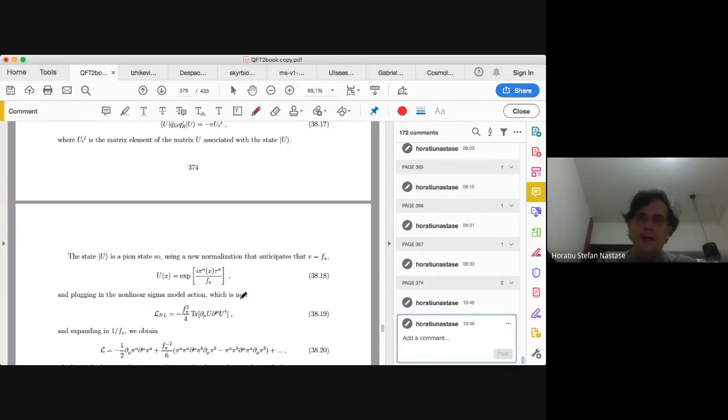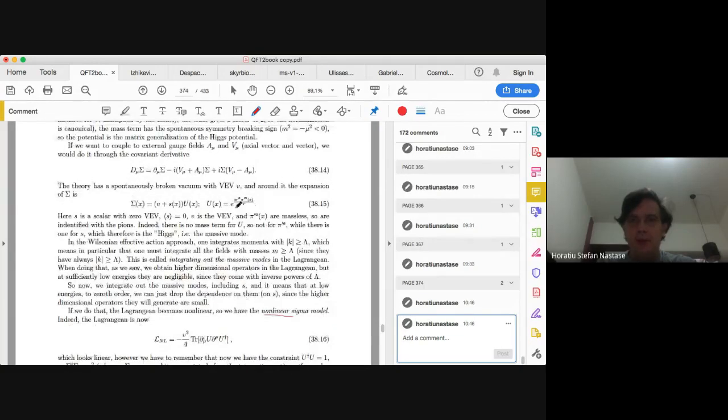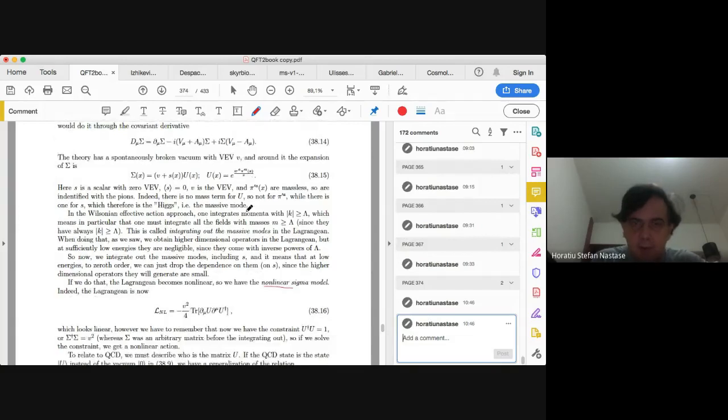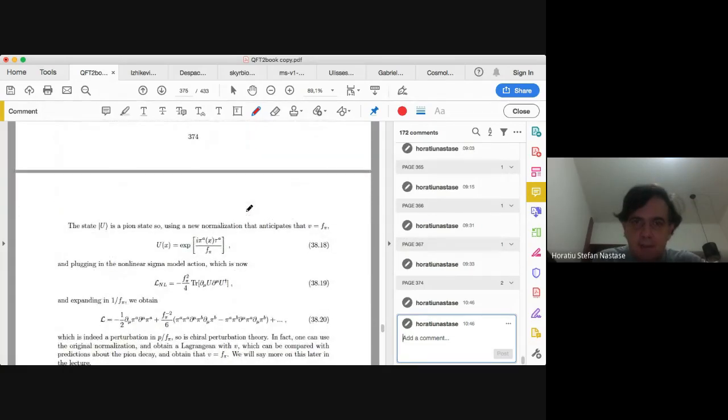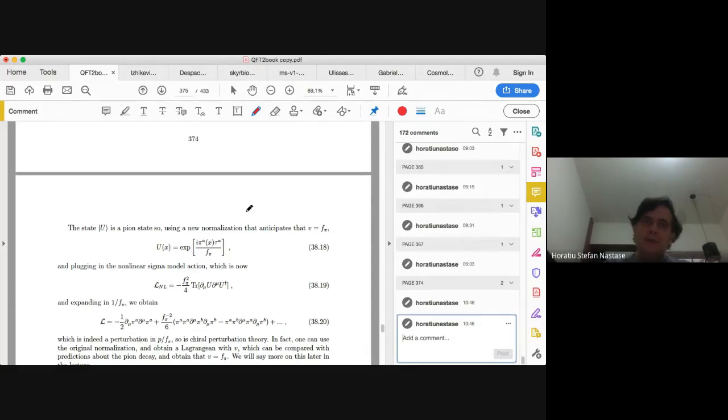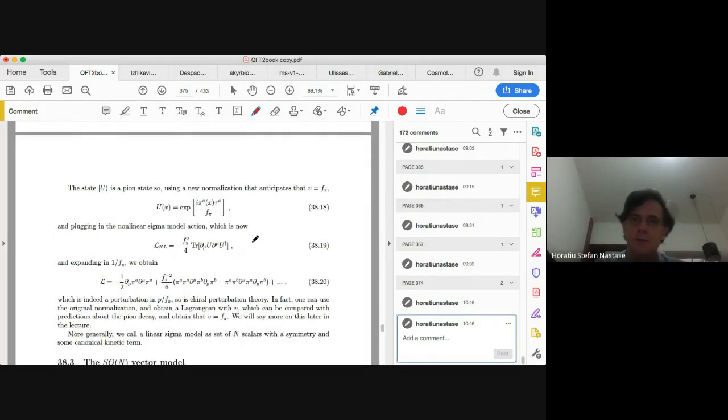Before I wrote pi prime divided by V, but now I will use a new normalization that anticipates the fact that the VEV will be something that we'll call F pi, the pion decay constant.